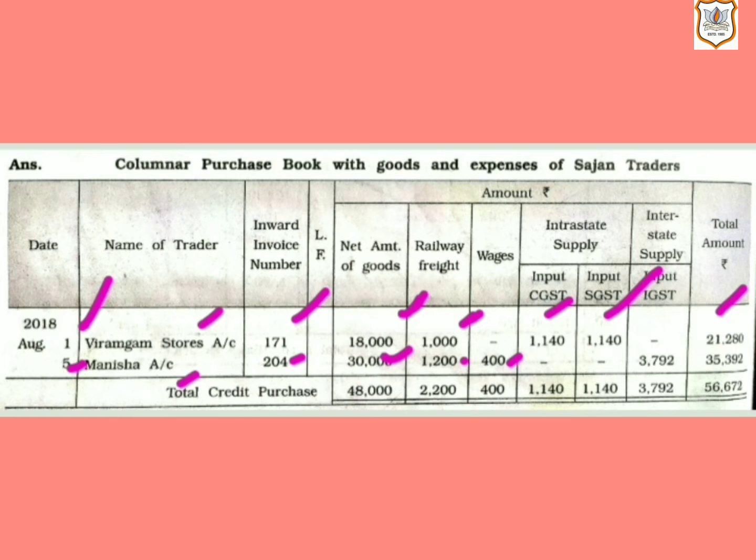Here as this is interstate supply, that means here supply has taken place between 2 different states, that is between Gujarat and Uttar Pradesh. So here IGST will be applicable and GST rate is given, that is 12%.